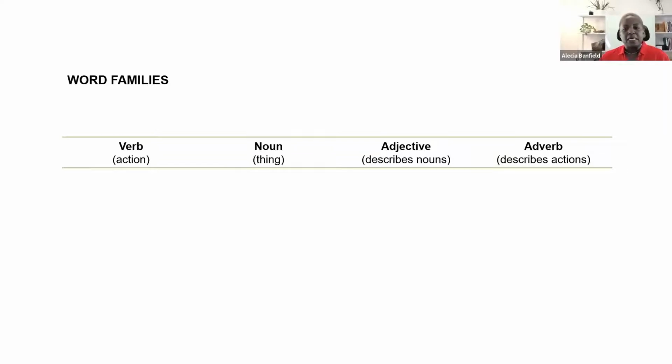And sometimes, unfortunately, it's a challenge for learners to understand the difference between an adjective and an adverb. So I'll repeat: adjectives describe nouns or things. Adverbs describe actions. And most adverbs in English end in ly. Not all, but the vast majority.